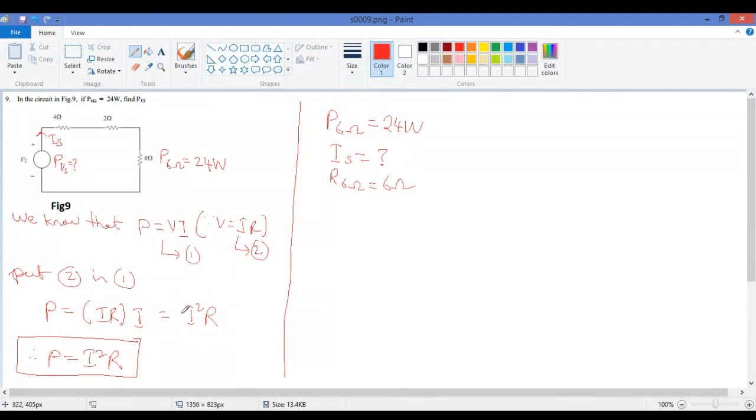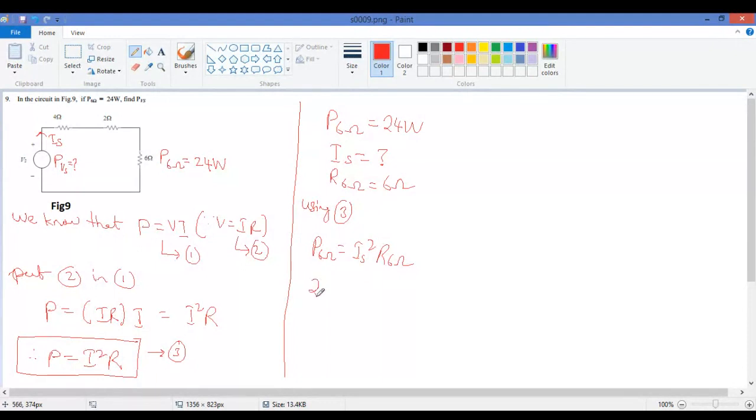Let us call this equation 3. Using 3, power of 6 ohm is equal to Is square into R of 6 ohm.